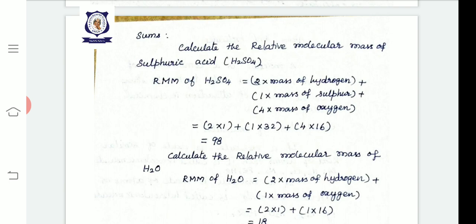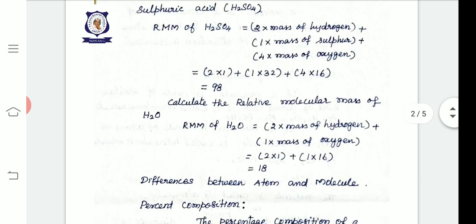Adding 2 plus 32 plus 64, we get 98. When it is expressed in grams, we call it gram molar mass. Molar means nothing but molecule. Molecular mass or molar mass, 98 grams. The molar mass of sulfuric acid is 98 grams.